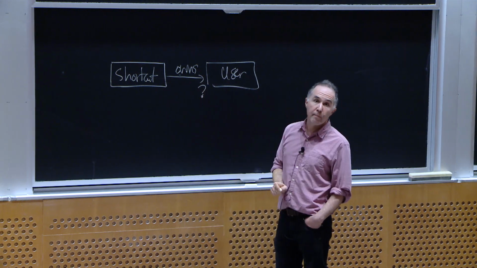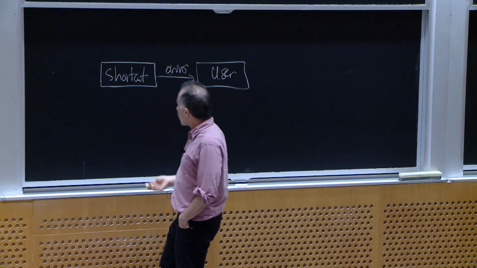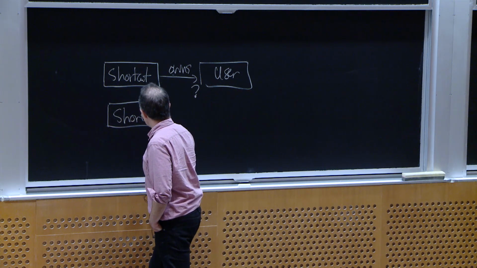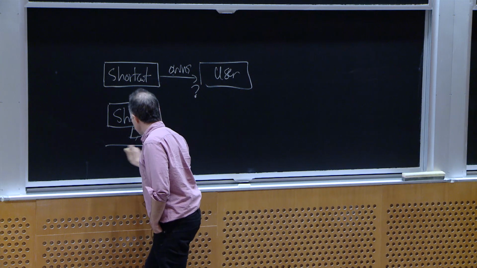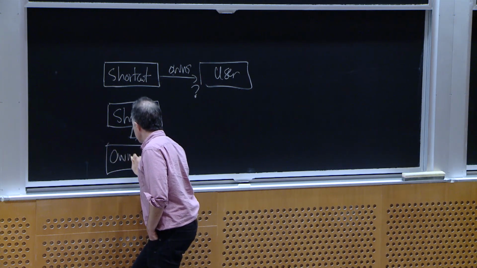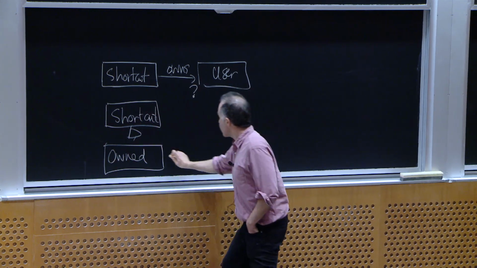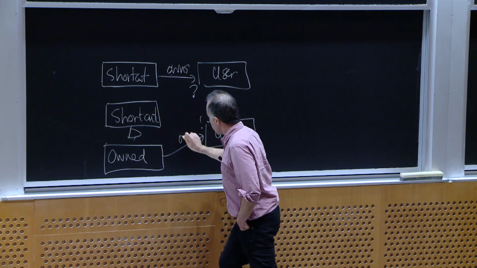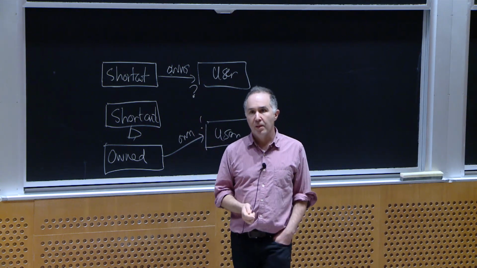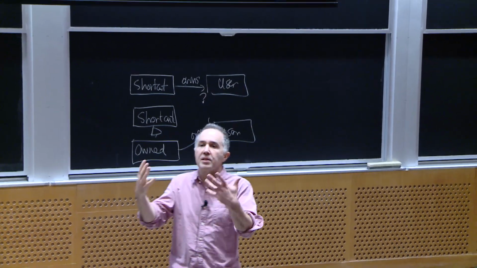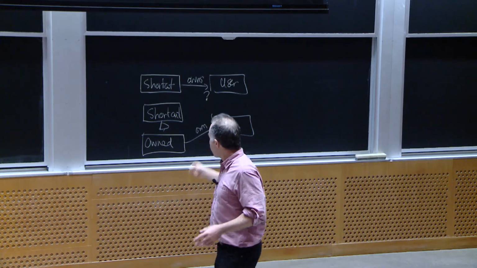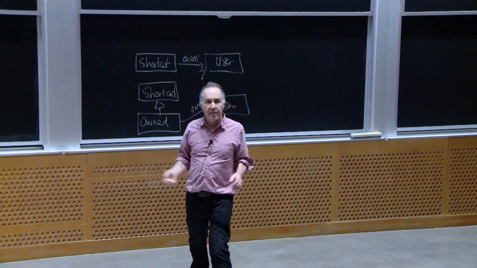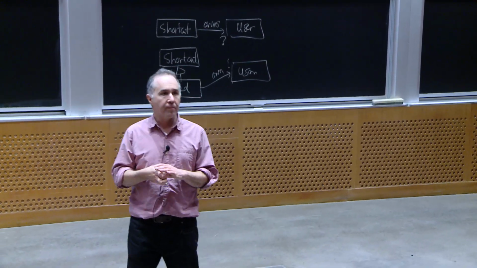Every shortcut is owned by at most one user, right? Then a quite useful transformation that often gives you some leverage in how you design your data is to introduce an adjective. So I could introduce the adjective for owned shortcuts like that, and now I can say that every owned shortcut is owned by exactly one user. So that's often a useful thing to do, to introduce that terminology. But as you can see, I've got both the adjectival part and the relational part. And the adjectival part there is sort of optional.